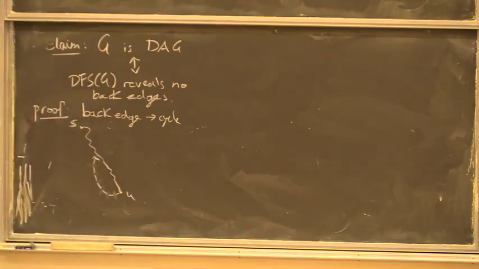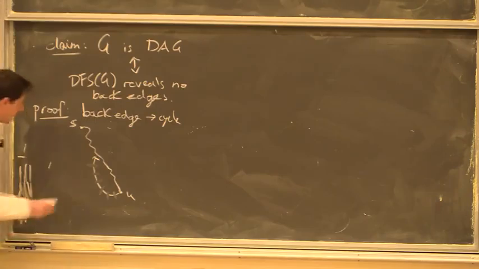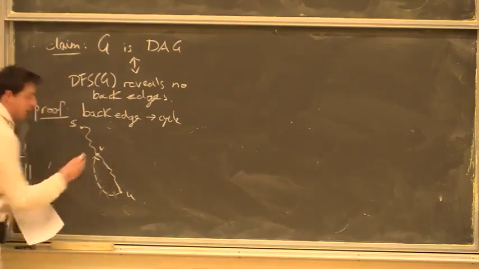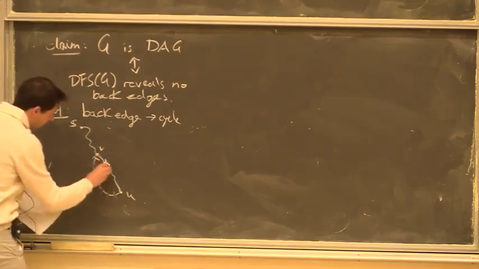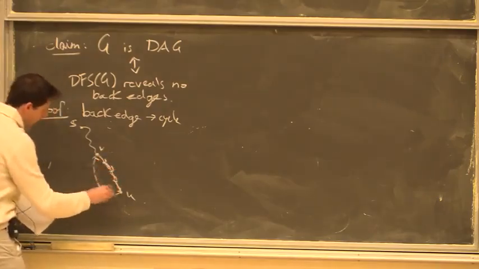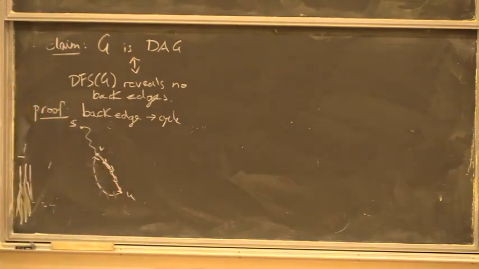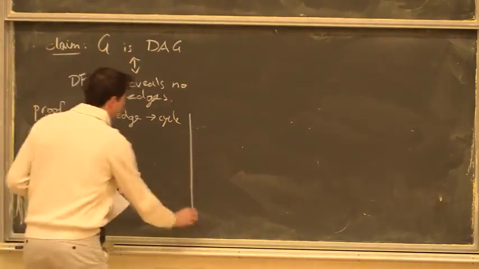Because you are exploring U, and you find another vertex, let's call it V, that has already been marked. It's already on the stack but hasn't been popped. So the collection of these tree edges together with the back edge will form a cycle. Here we haven't really said anything; this is the easier side.